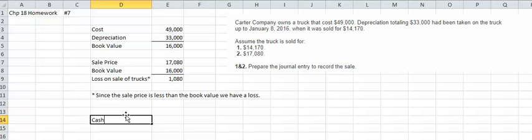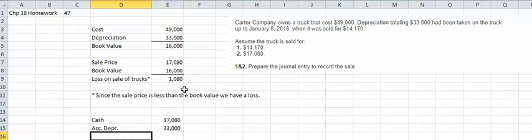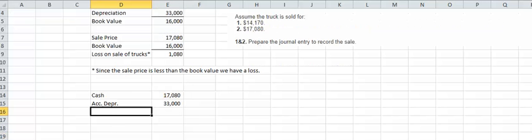So again, journal entry is cash. We received 17,080. Then what do we have to do next? We have to get rid of accumulated depreciation. And sorry for the brevity, it's just easier that way. Accumulated depreciation is the same thing as this right over here.